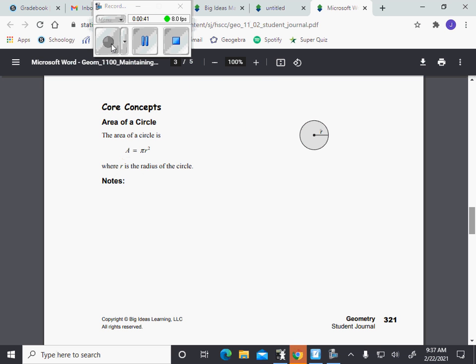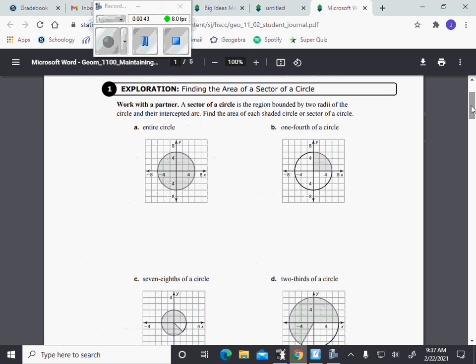Let's go up to our first example. Find the area of each shaded circle or sector of a circle. Here is the entire circle, so we're using A equals pi times the radius squared.